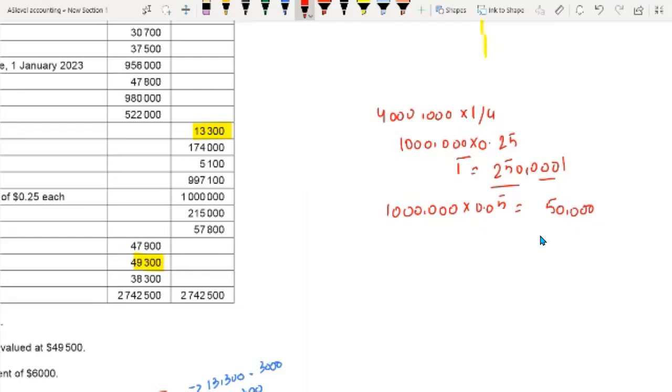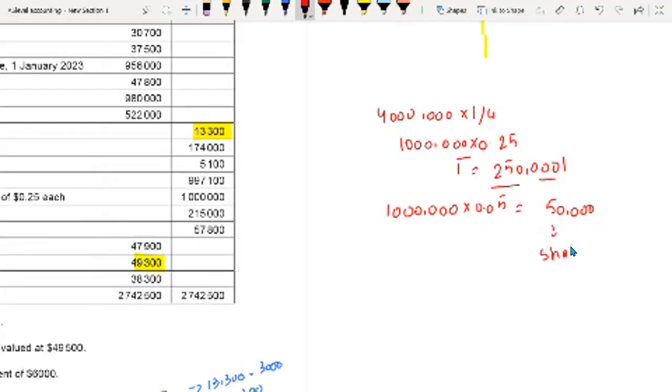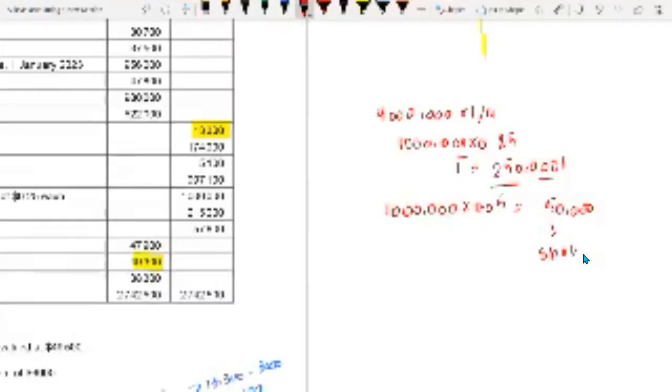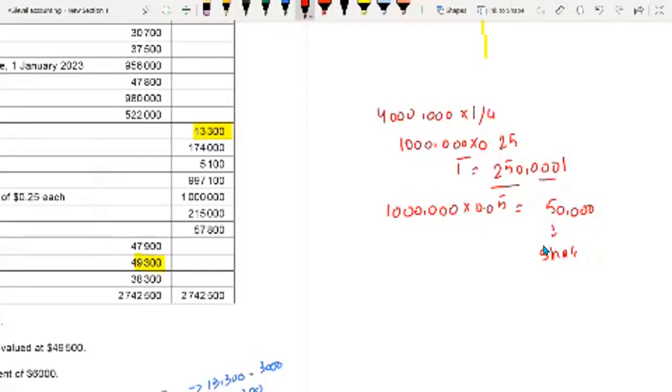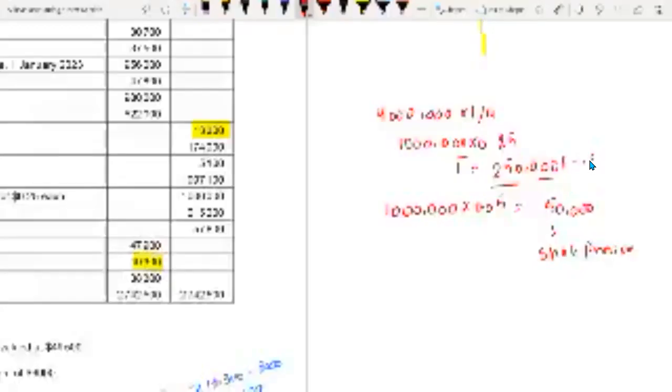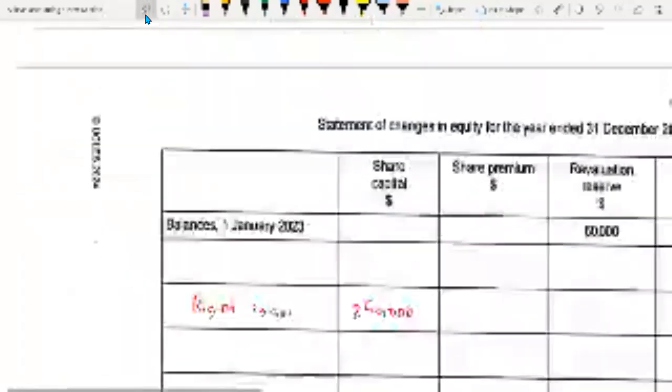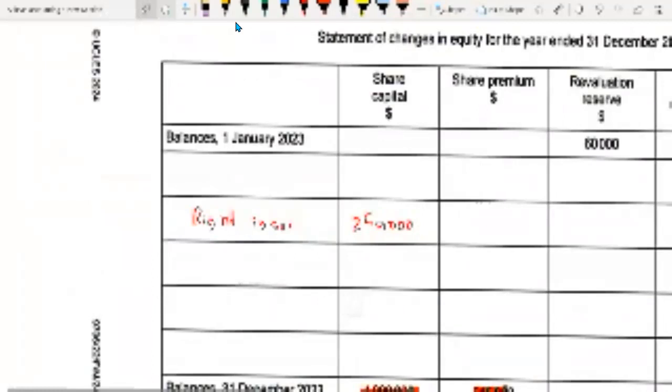So this is a share premium. Just remember one thing, I didn't solve these values for the balances at the start of the year. I just found out this value when we sell our right issue. So this is a share premium, and this was our share capital, which we raised when we sell our right issue. So write it here: $250,000 and $50,000.